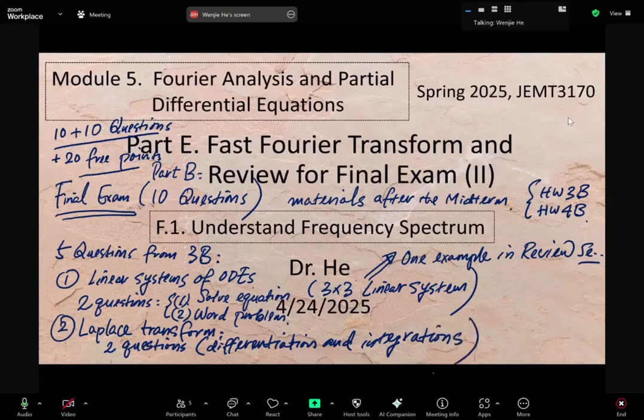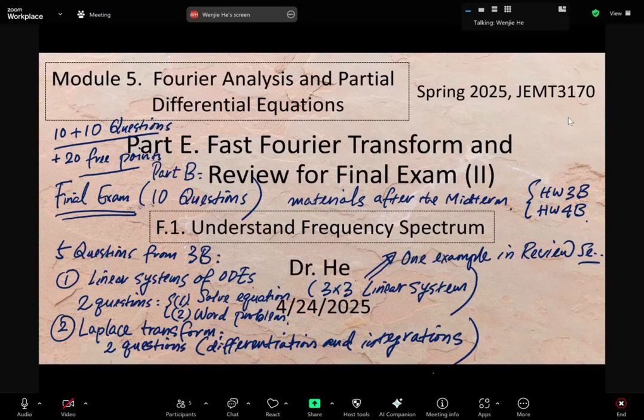Apply those 2 formulas to calculate Laplace transform and inverse Laplace transform. In review, I can give you 2 examples.